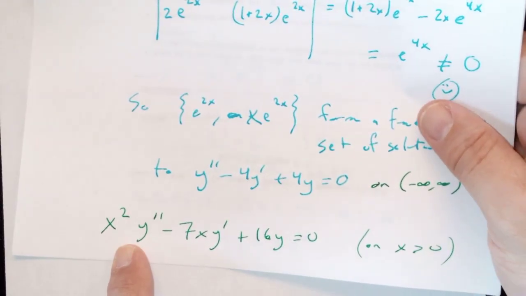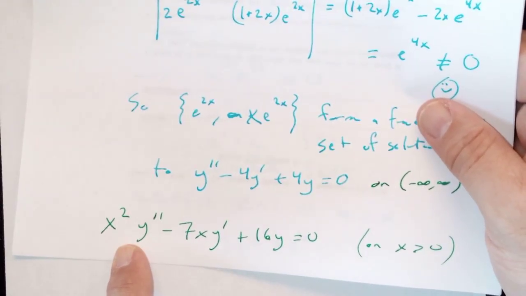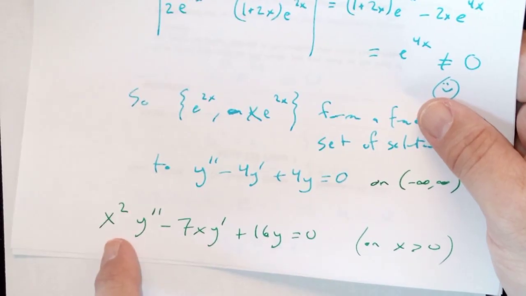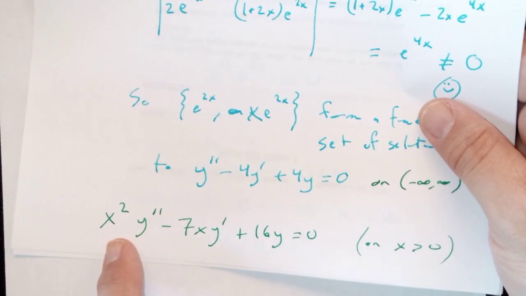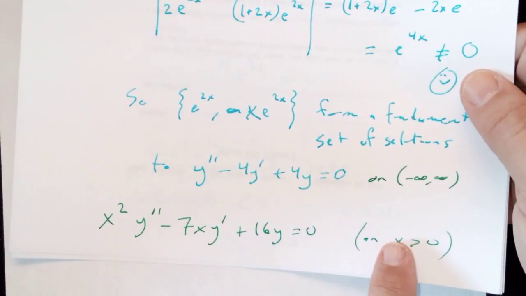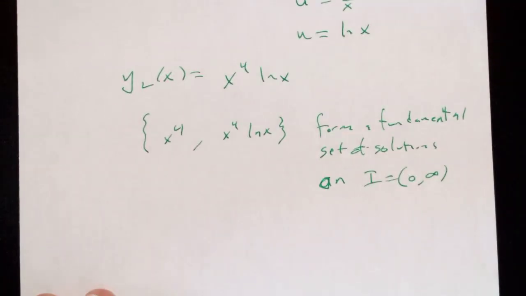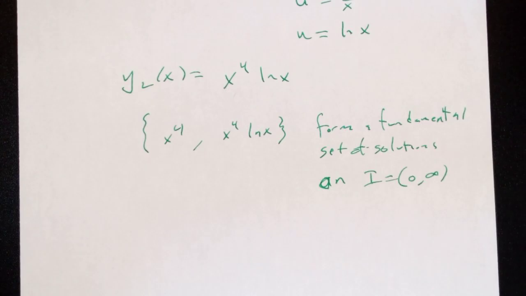When we think of a normal differential equation, the first thing we want to do is divide out that leading coefficient, which means we are dividing by x squared. I can't have x being 0. We'd either be on x bigger than 0 or x smaller than 0. If I was on x smaller than 0, I would have to have absolute values in all of my logarithms.